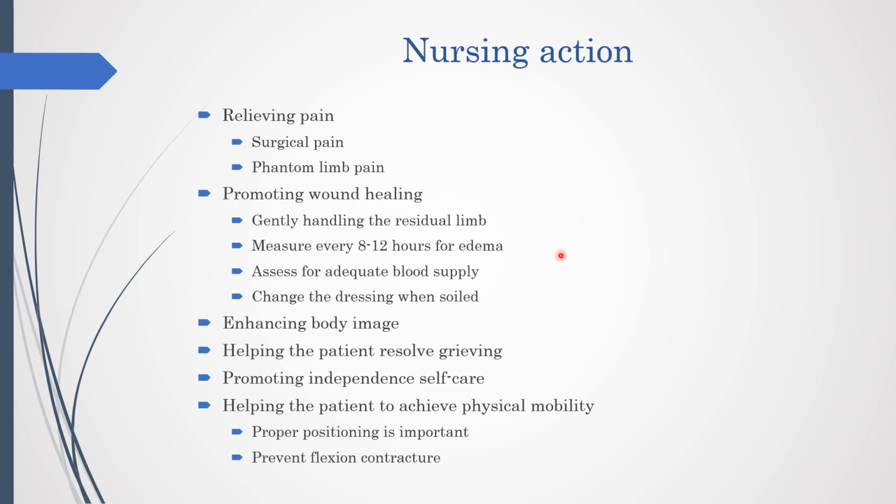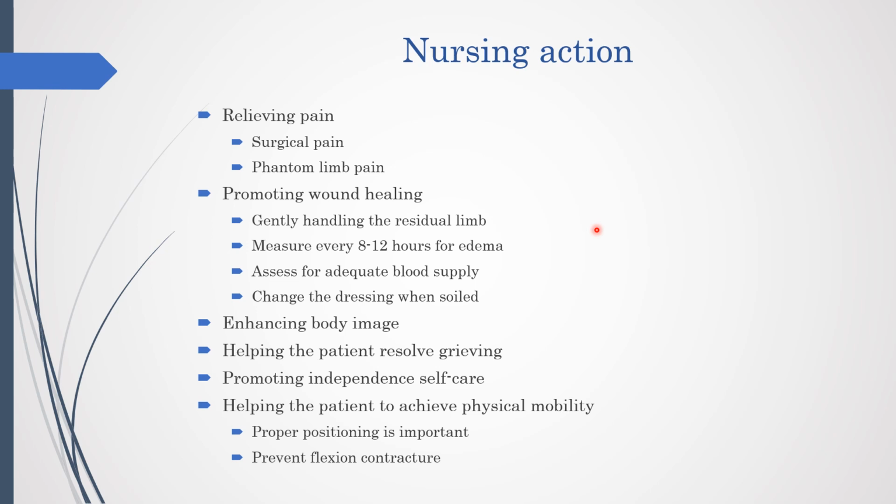Promoting wound healing is very important. Wound healing is important for the use of a prosthesis after the healing, and for preparation of the scar. Make sure that you gently handle the patient's residual limb.